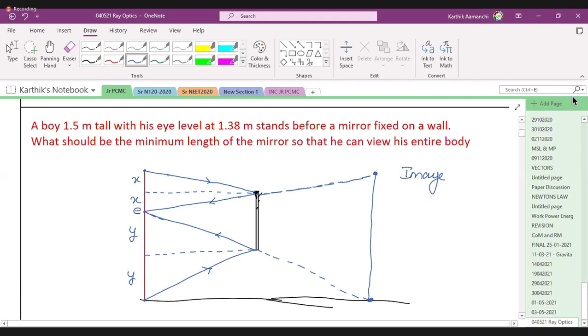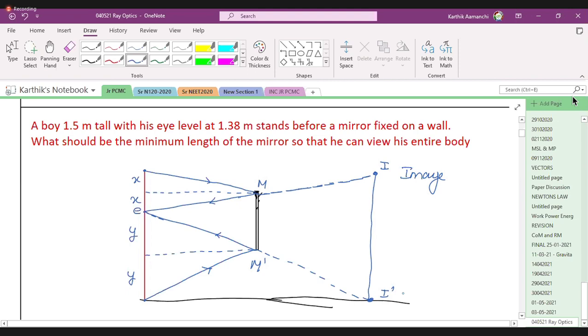Clear? Yes, sir. I'm taking this as M dash, the mirror. I'll take this as image I dash. Is it clear? Yes, sir. The ray diagram is clear for you.